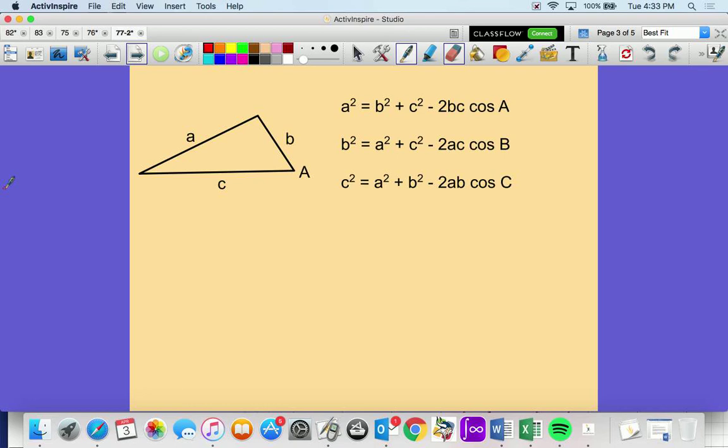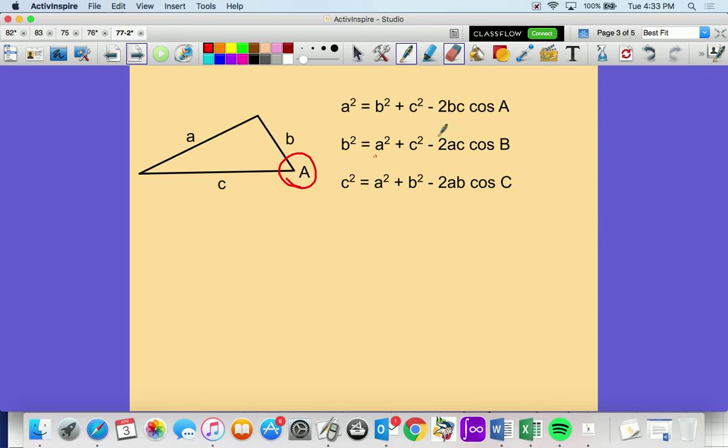Now, take a look at these three equations. I know they're all written differently, but they all mean the same thing. Say that we are starting with this angle here. We would end up using this one here.